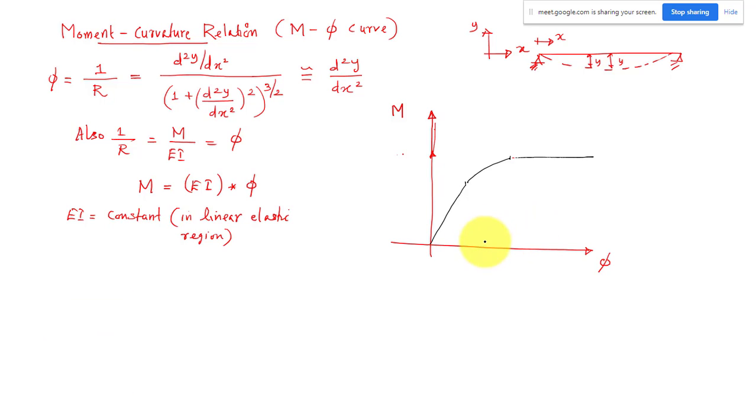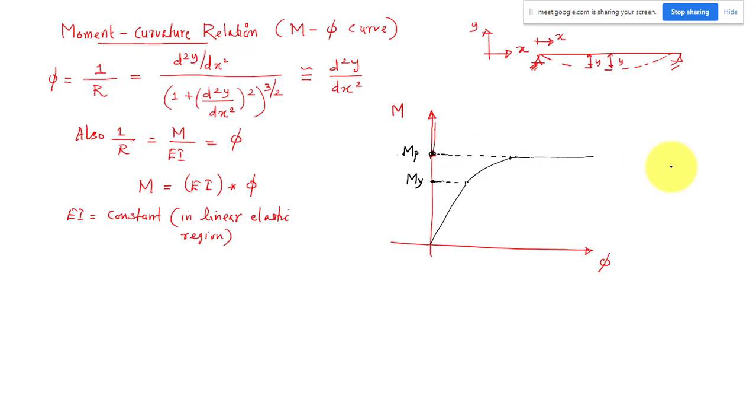Up to some point it is linear, and its corresponding moment is my yield moment. After that there is an increase of moment up to the plastic moment. The section has reached the completely yielded zone, like the cross section, all the fibers have reached the yield stress, so the corresponding moment is the plastic moment.